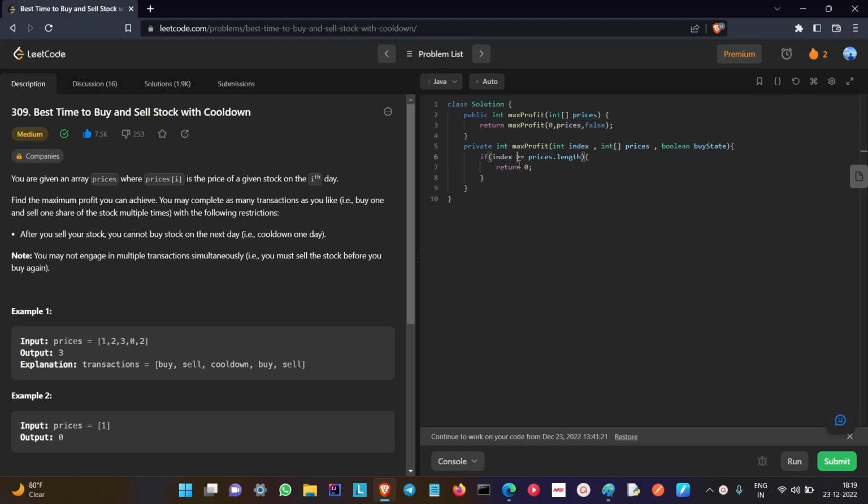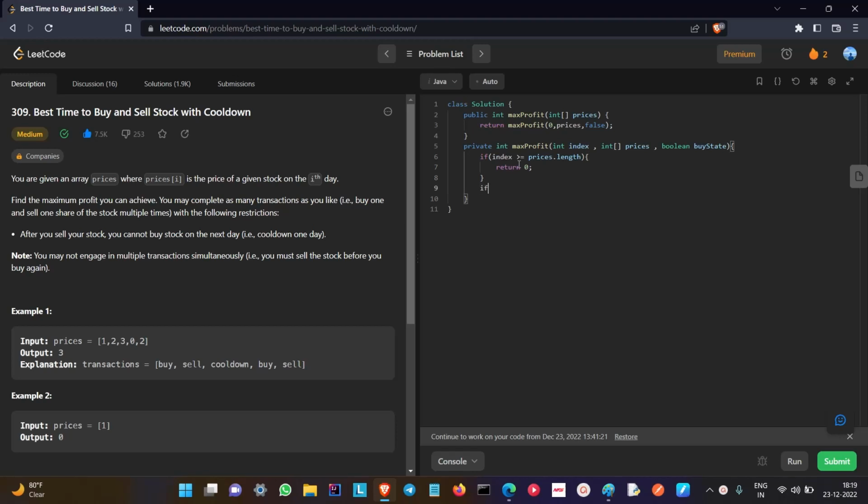The index mentions the day which we are currently at. If the day crosses the number of days we have, which can be determined by using prices.length, we'll return 0, or else we have two possibilities.